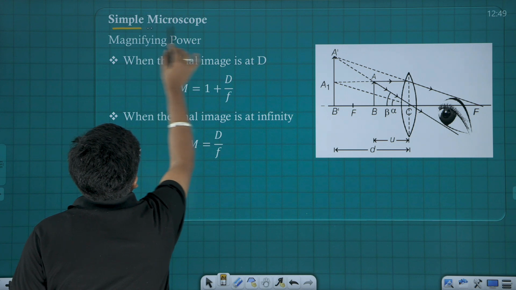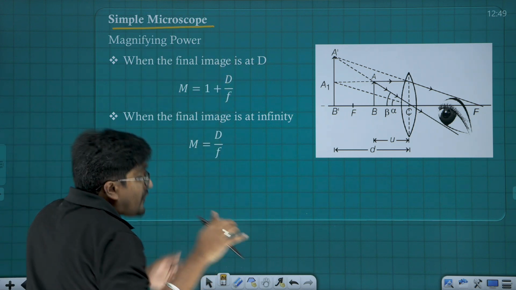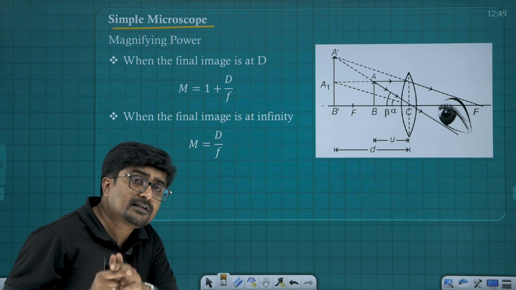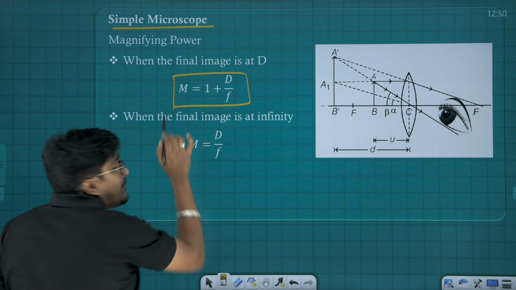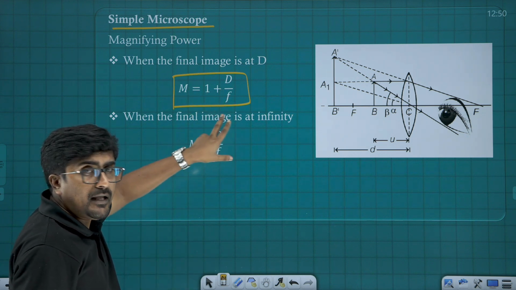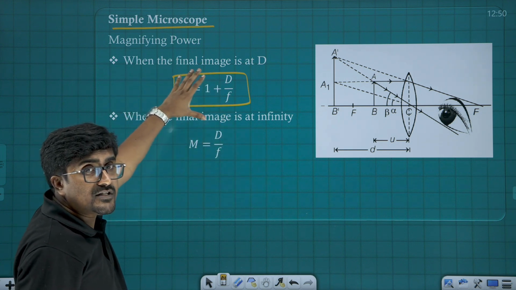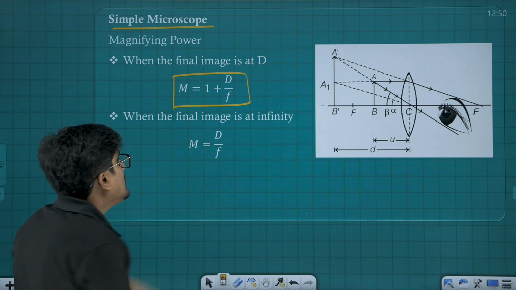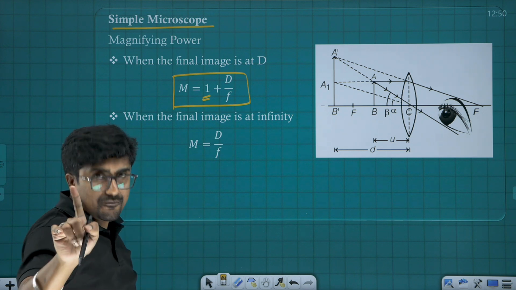If we are having a simple microscope, then case number 1, if the final image is formed at the least distance of distinct vision, then the magnifying power m is equal to 1 plus D upon f. And if the image is formed at infinity, then it is D upon f only. This 1 won't be there. Basically it is m equal to D upon f.